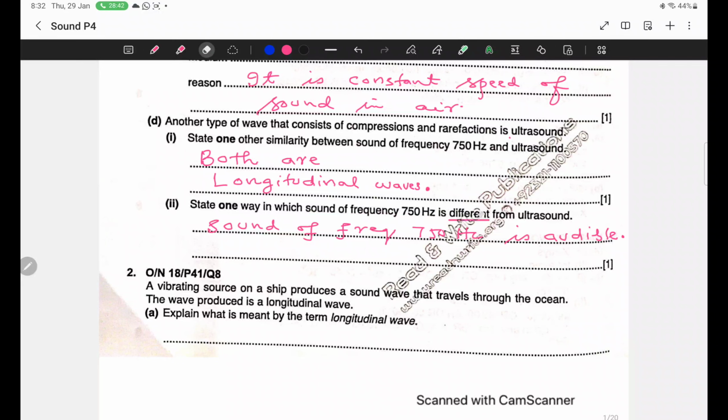If the frequency of sound is 750 hertz, then it is audible. But ultrasound is not audible. So the difference is, sound of 750 is audible and ultrasound is not audible. If the frequency is more than 20,000 hertz, then it is ultrasound.